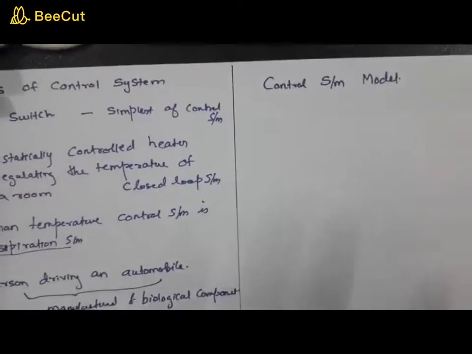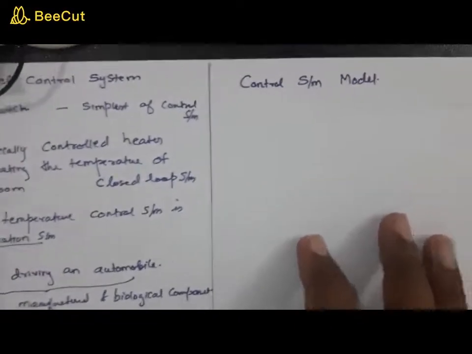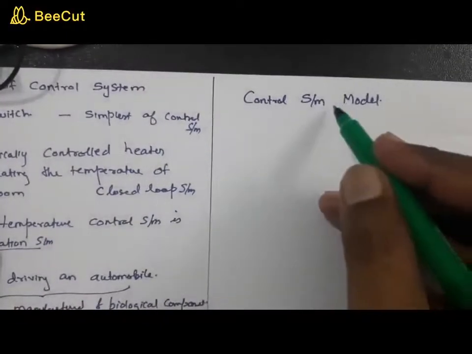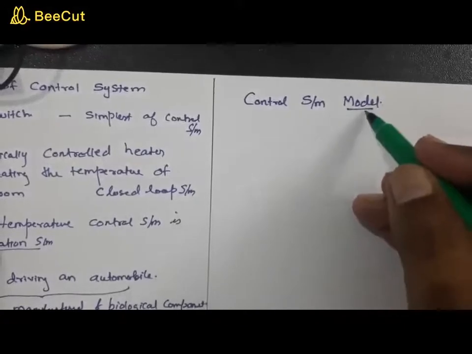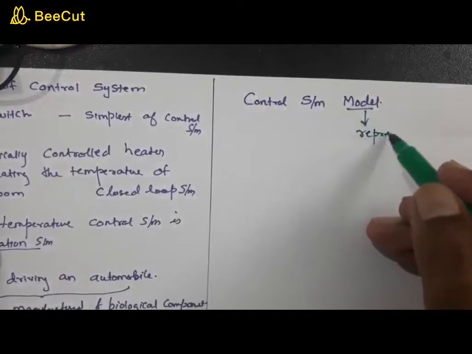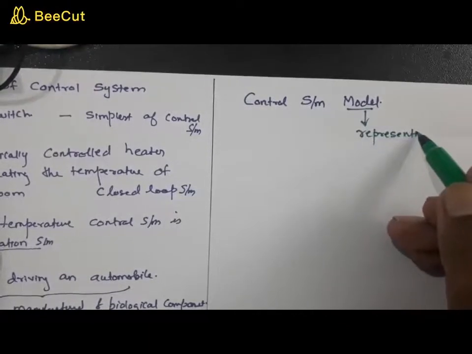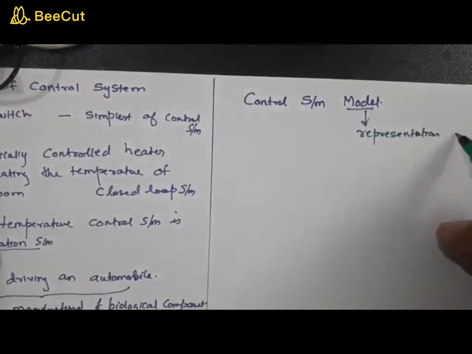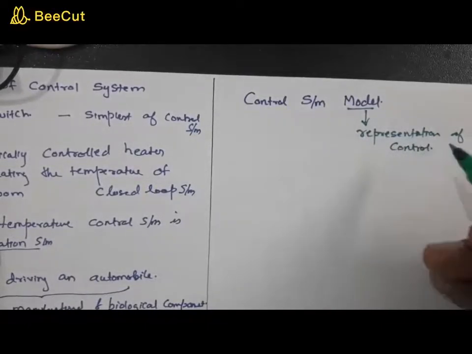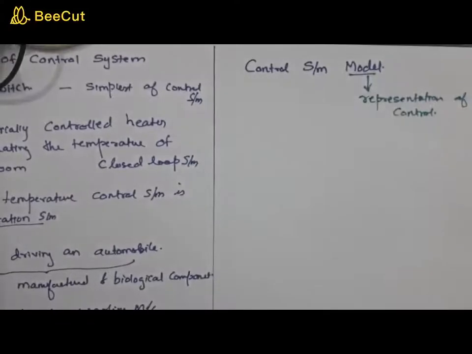After having an understanding of the examples of control systems, let's see something about the control system model. By model, it refers to the representation of the system, the representation of the various components of a control system.